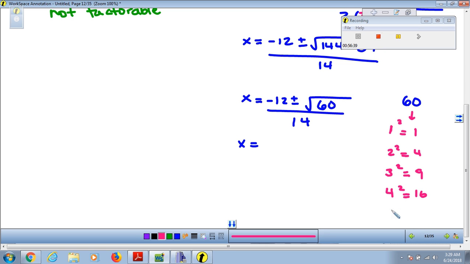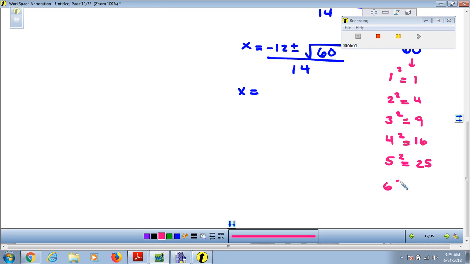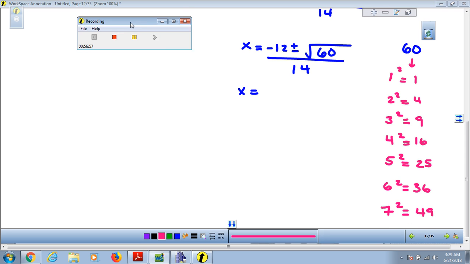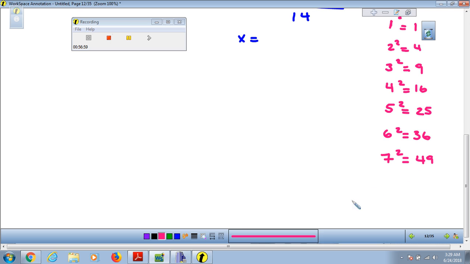You're raising them to the second power, multiplying these consecutive integers by themselves twice. So 5 square is 25. 6 square is 36. Where am I going to stop? You just want to make a list of, I don't know, the first 10 or something like that.